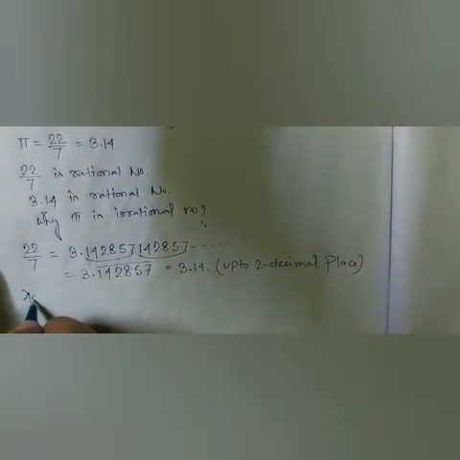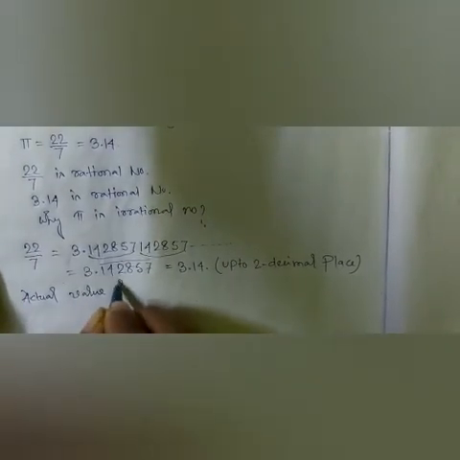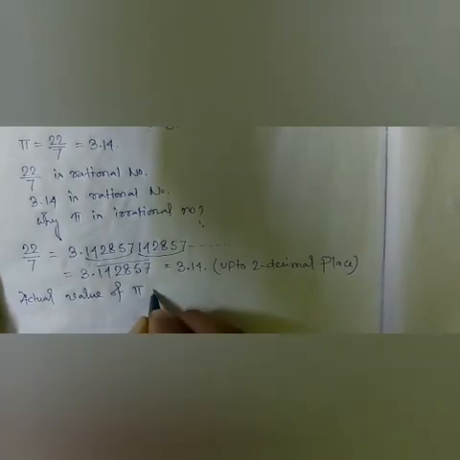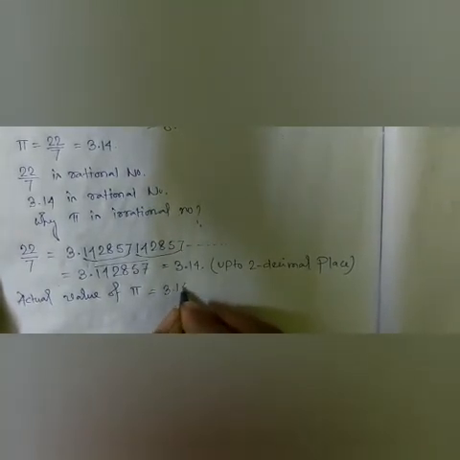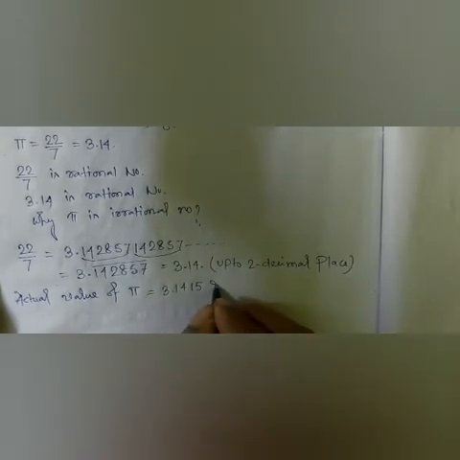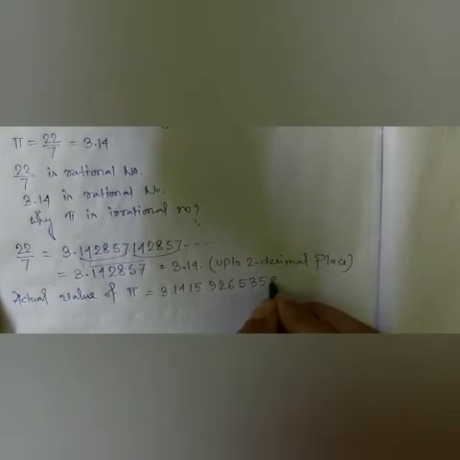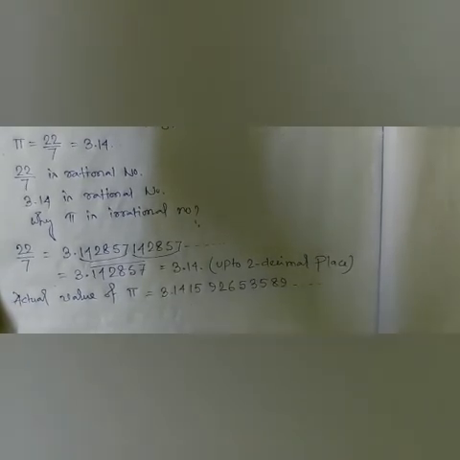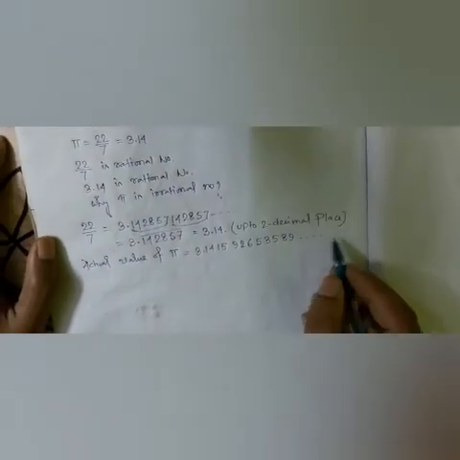The actual value of pi is 3.141592653589, this way, and this actual value of pi is never ending.